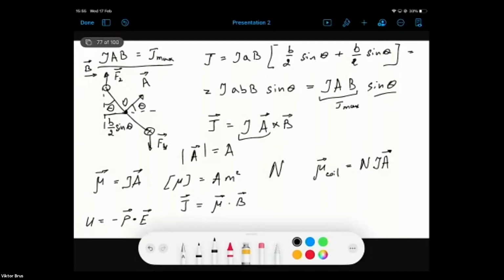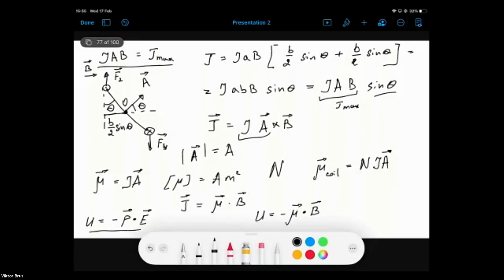And that is also true for the system of magnetic dipole moment and magnetic field. So we can write that the potential energy of such a system will be equal to minus mu vector dot product with the magnetic field vector.